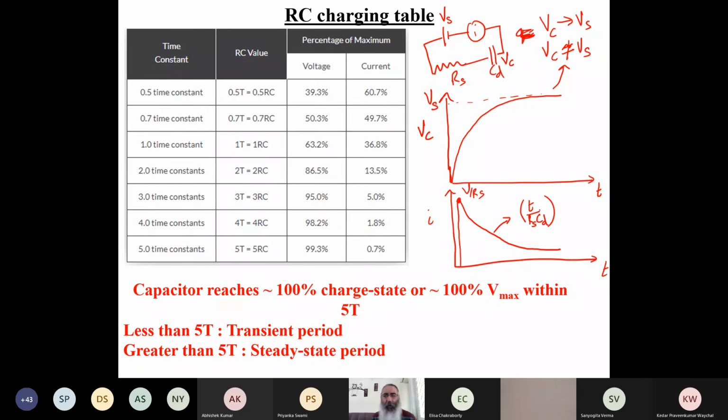And also we saw that this T starts to become more and more relevant, because the time at which any of the properties of the capacitor, whether it is the voltage or the current or the charge stored in the capacitor, is going to be controlled by this time constant, the resistor component Rs, and the capacitor component CD.